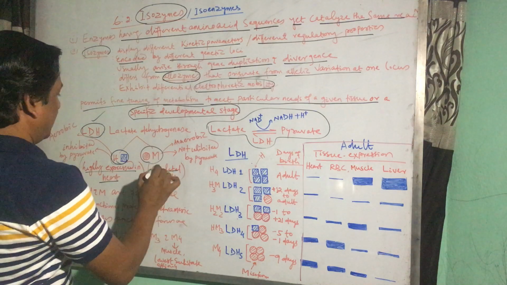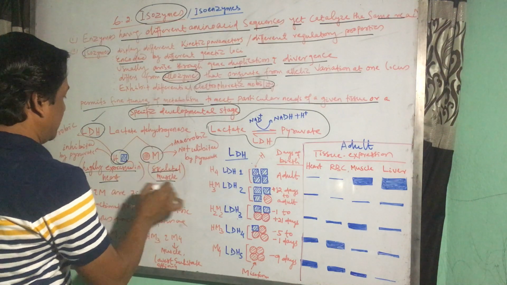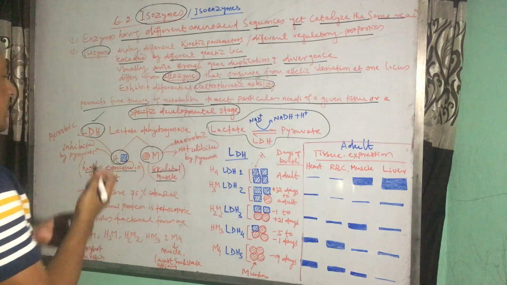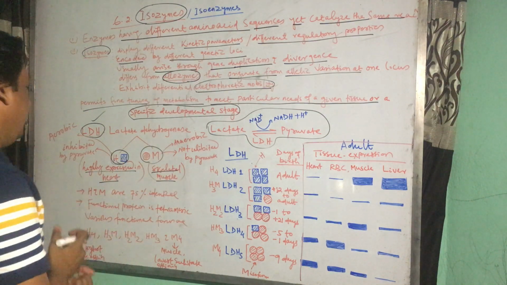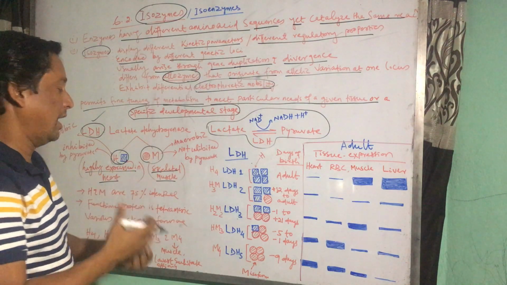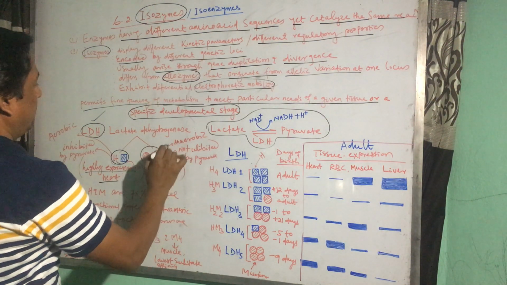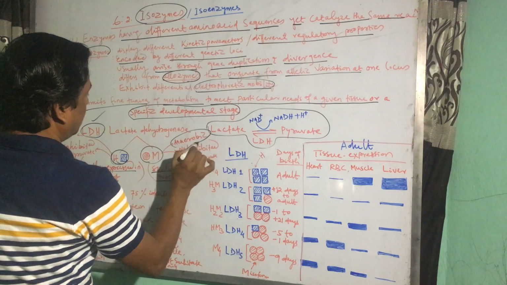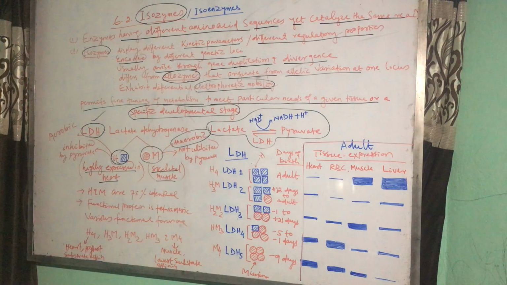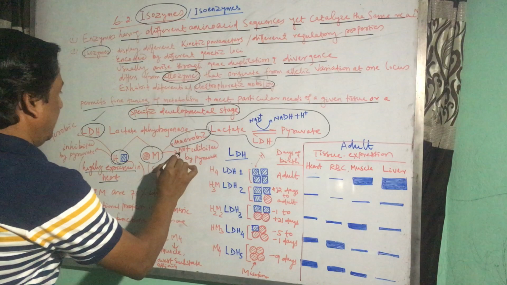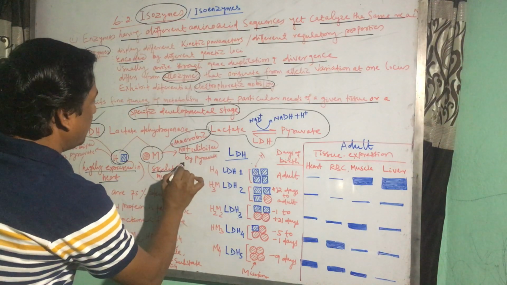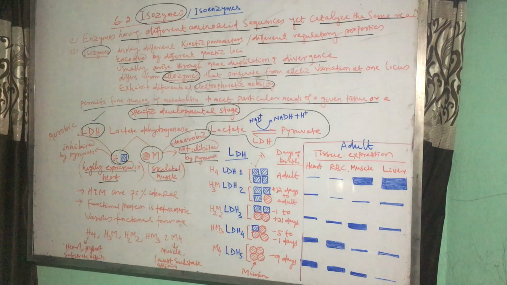As we know, skeletal muscles, when they contract vigorously, function mostly in an environment where oxygen is lacking. So the M isoform is mostly involved in anaerobic metabolism of glucose, and it is also not inhibited by pyruvate.